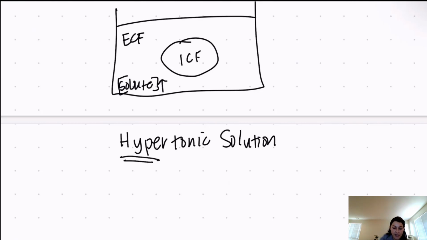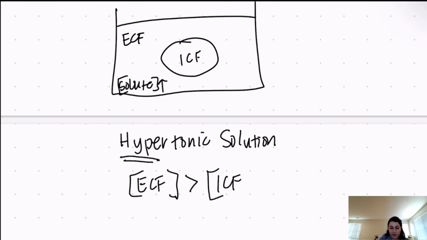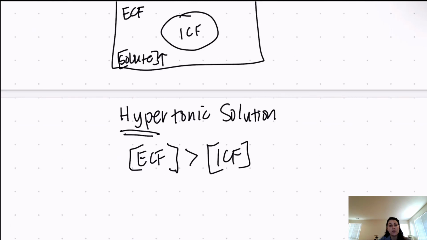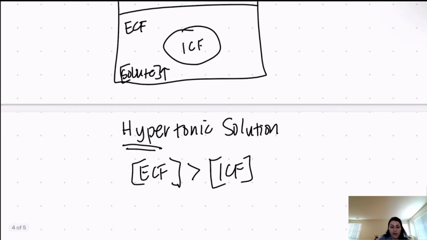So we say that the ECF solute concentration is greater than that of the cell ICF. What this tells us is that there's less water where there's more solutes. Let me explain what I mean. So let's pretend that we have a bunch of these red molecules outside of the cell here. We have just a bunch of them.